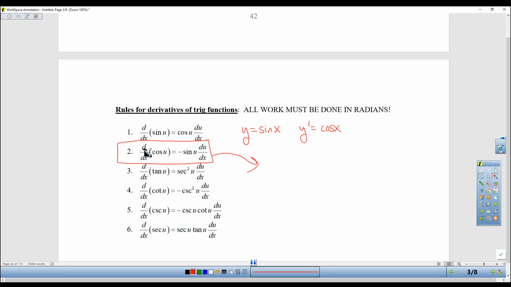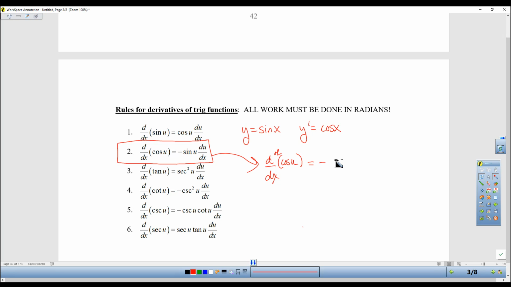This means the derivative of cosine of u. So instead of calling it cosine of x, they're recognizing that this might be something else. This might be 2x or 3x plus 1 or the square root of x. It's not always going to be as simple as just x. How do you do it when it's like that?